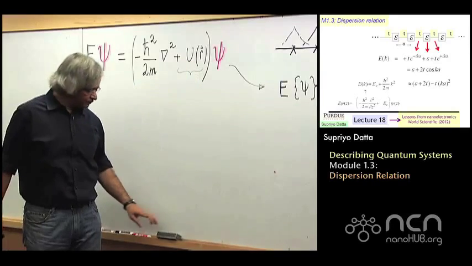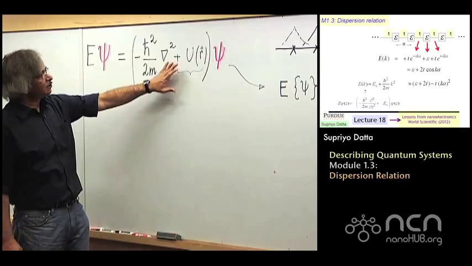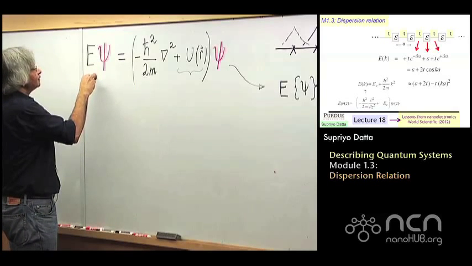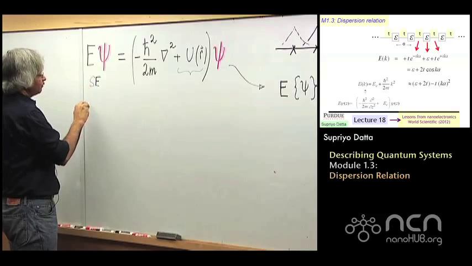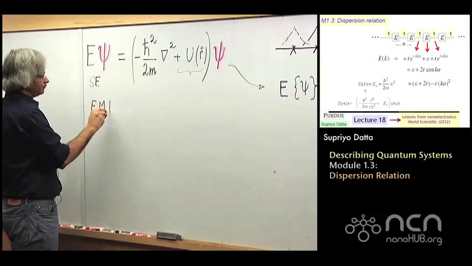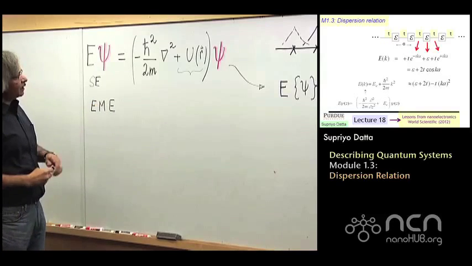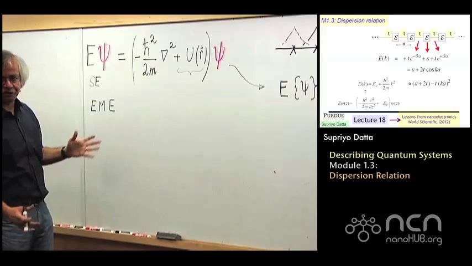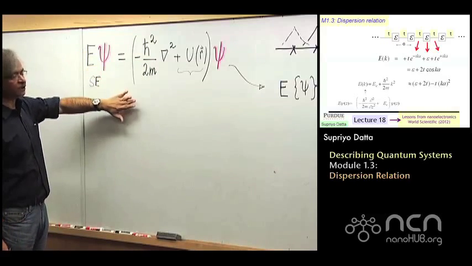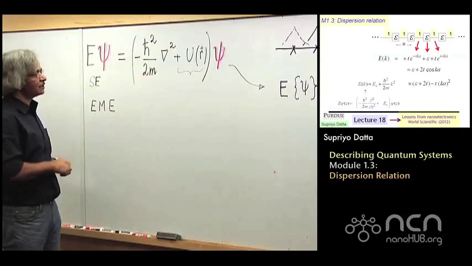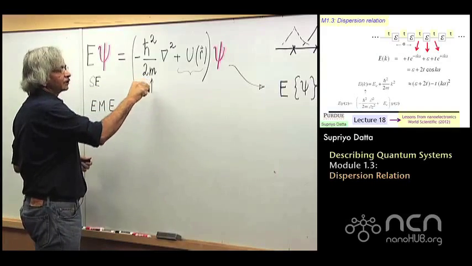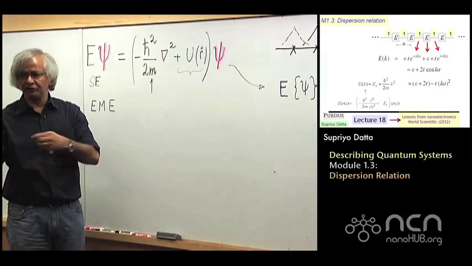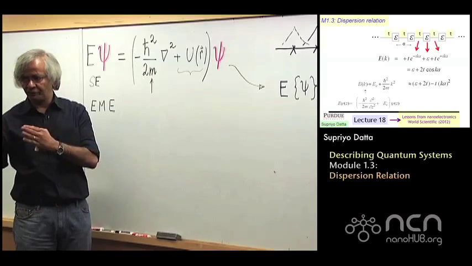But what you could do is replace this Schrodinger equation with what you might call an effective mass equation, which looks just like this, which is why often people forget the difference. They still call it Schrodinger equation. But it's really an effective mass equation, where this mass is not the free electron mass, which is a standard fundamental constant, but it is something that is different for different solids. So if you're doing it for a metal, it will be one thing.